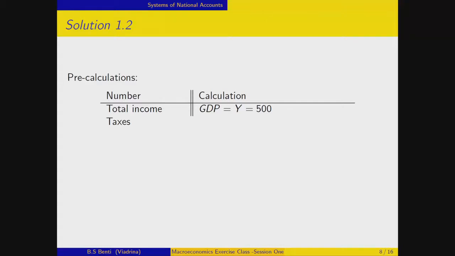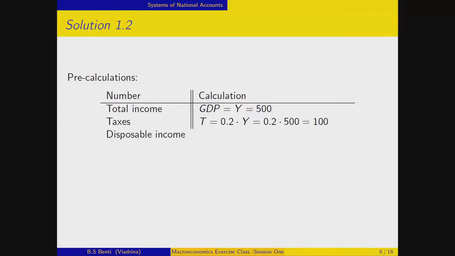The second one is taxes. We have already said that 20% of the income should be paid as a tax. So we take 20% of the total income, which is 500 euros, 0.2 multiplied by 500, giving us a value of 100 euros as taxes.